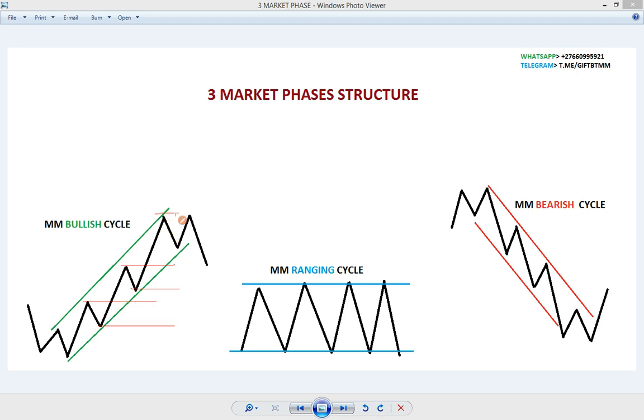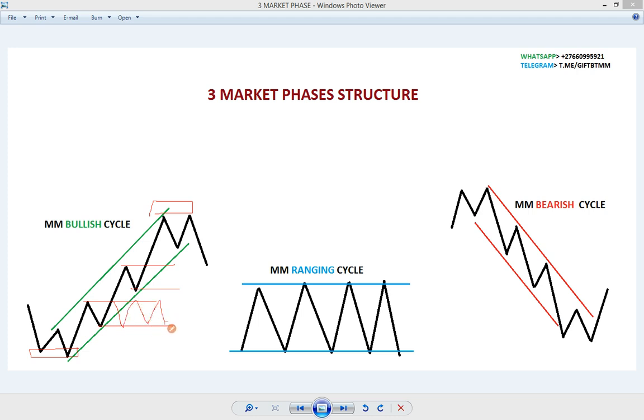You see here, yes, a peak formation high. We also have a peak formation low here. This is a basic market maker cycle. And then these zones are where a ranging cycle can occur.